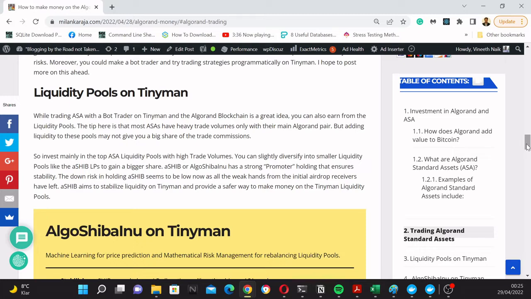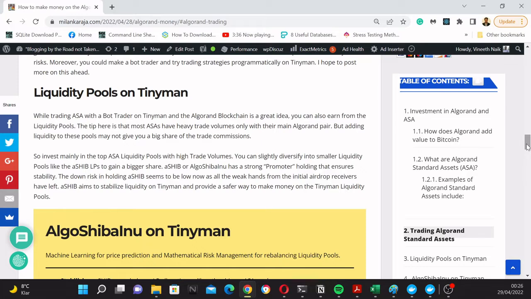Even in this, it's important to understand that you would have more transactions or swaps between the top ASAs and top pairs. So let's say someone made a new token like my token aSHIB, there would probably be people selling their algos to buy some aSHIB, and you'd have trade in that pair, but you're less likely to have aSHIB transactions with other currencies.